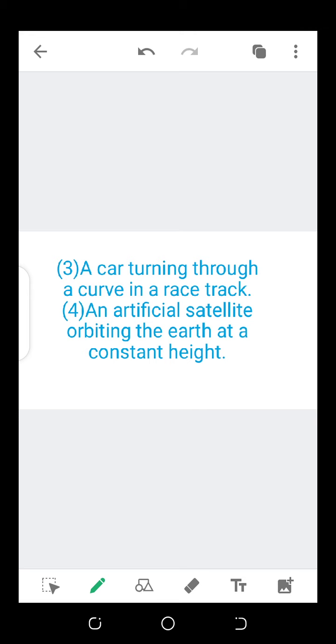They are sent into space, and they keep revolving around the Earth at the same height and at the same speed. As time goes by, we'll see it, but for now, just know that those satellites are sent to the Earth, and they are revolving around the Earth at a constant height.